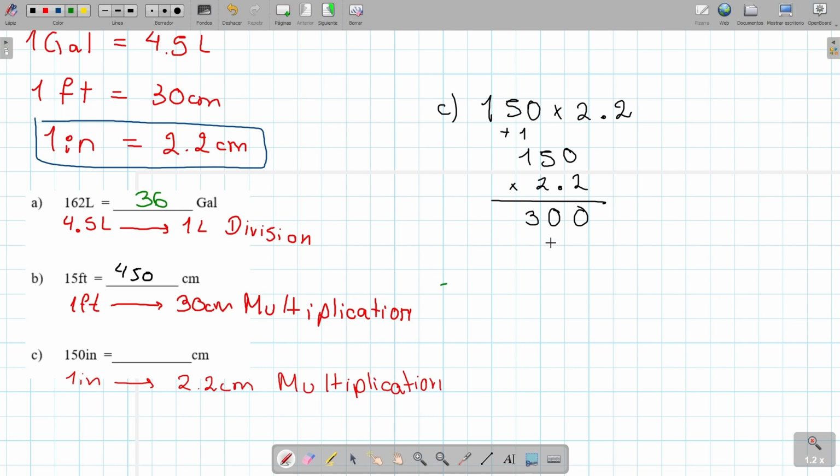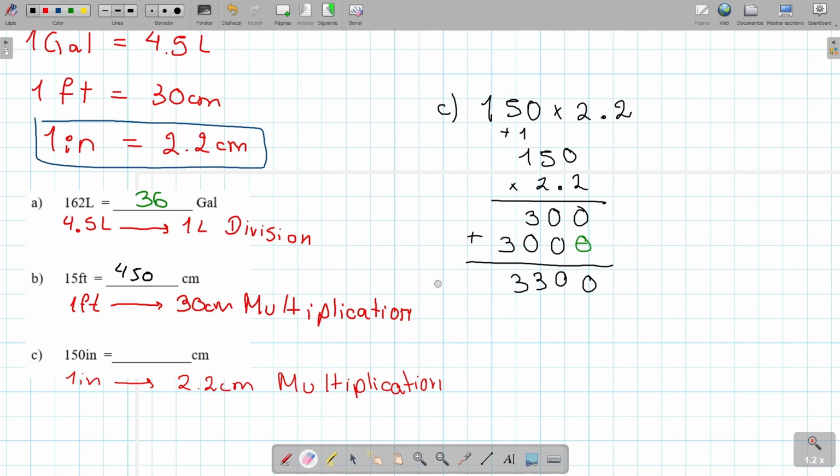Don't forget about the invisible 0. And we have to continue. 2 times 0, 0. 2 times 5, 10. We have 1 again. 2 times 1, 2, plus 1, 3. So the result, when we add this up, is going to be 0, 0, 3, and 3.